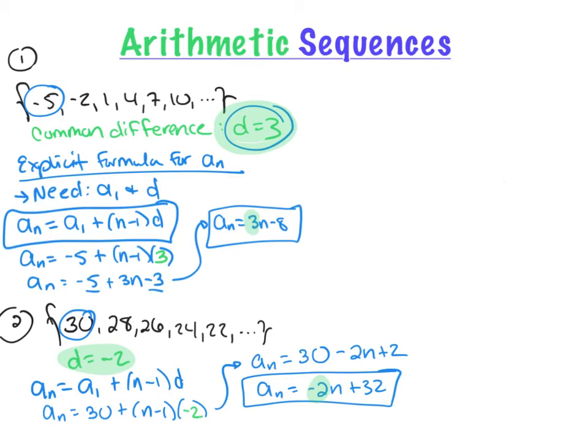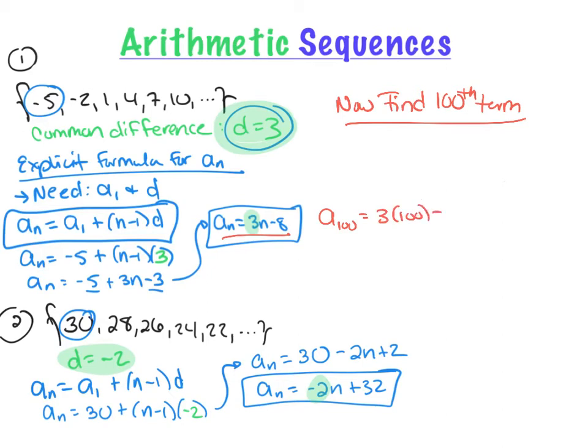The second really neat thing that I want to point out is, now that we have an explicit formula, we can do a second follow-up question to this. We could now find the 100th term for each of these. So if we know that a sub n for the first one is 3n minus 8, a sub 100 is 3 times 100 minus 8. So 300 minus 8 is 292.